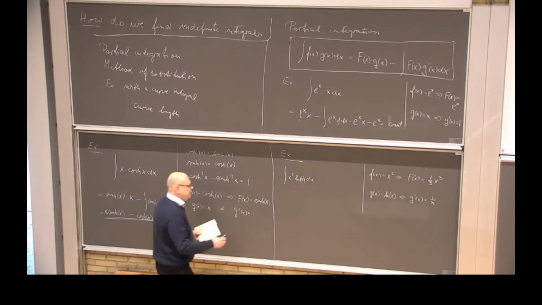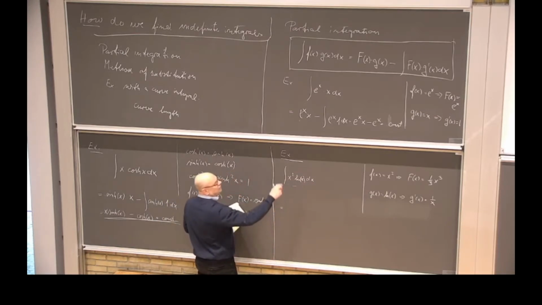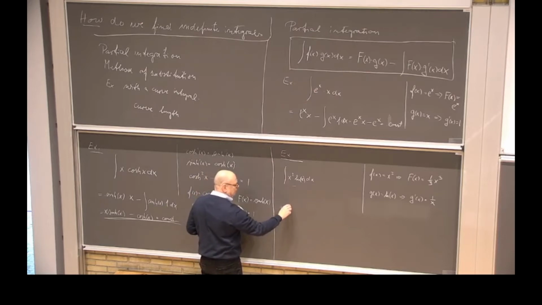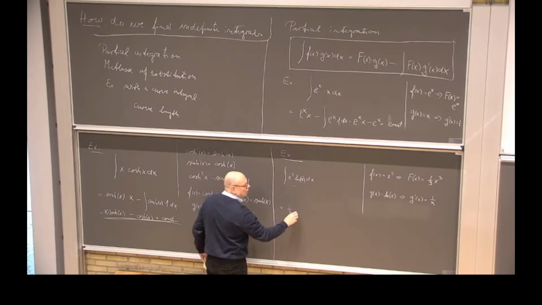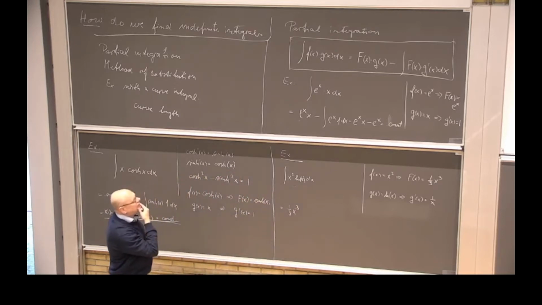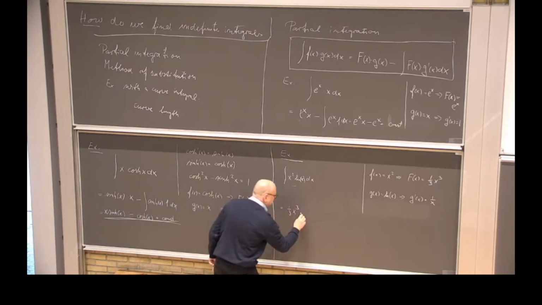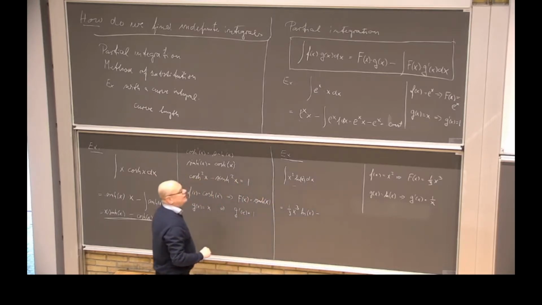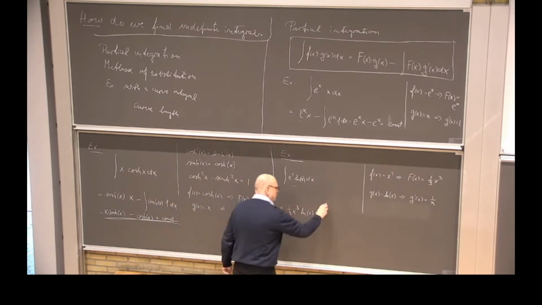So let's just use the formula again. You have to put in capital F here. That will be 1/3 x cubed. And then the g of x, that is ln x, and then you should subtract this integral here.